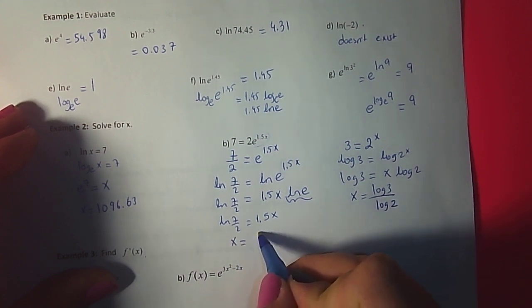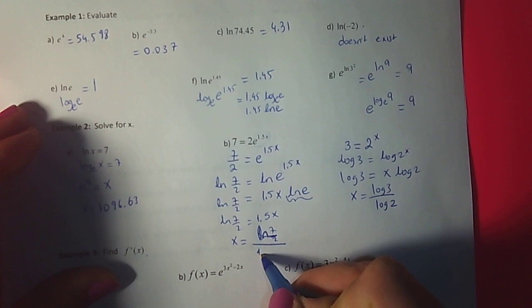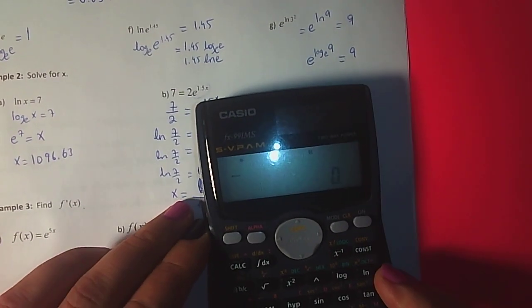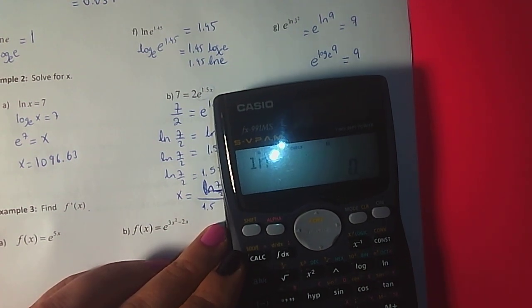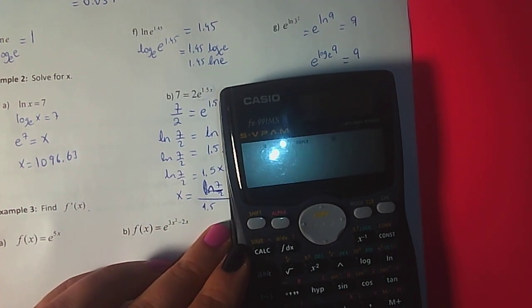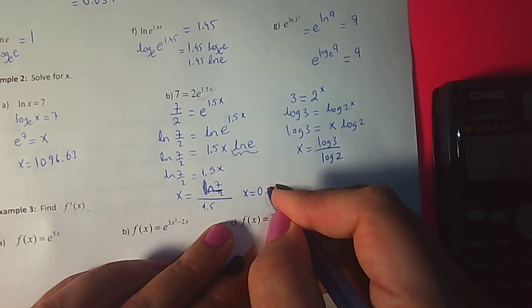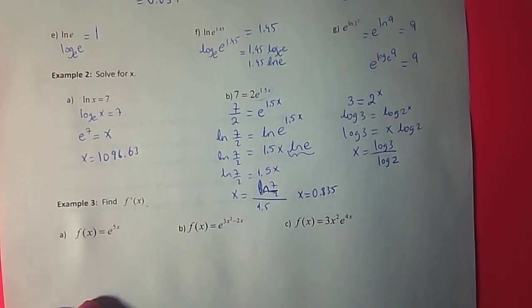Then we get x equals ln of 7 over 2, over 1.5. Okay, and we can just use our calculator. Ln 3.5 divided by 1.5. So 0.835. So x is 0.835.